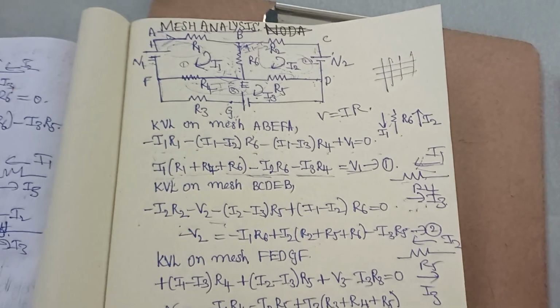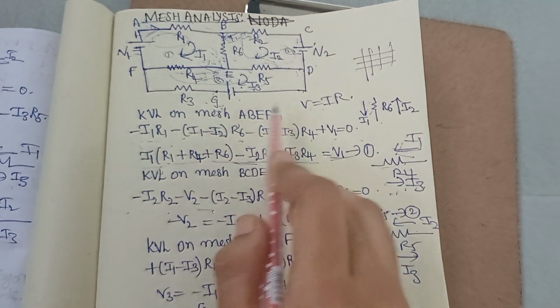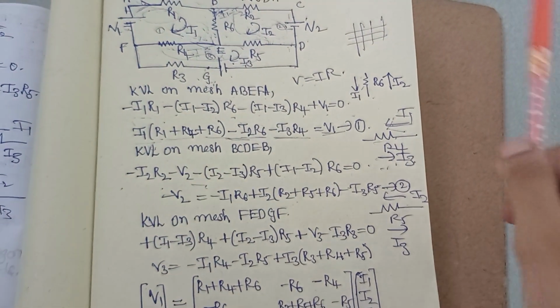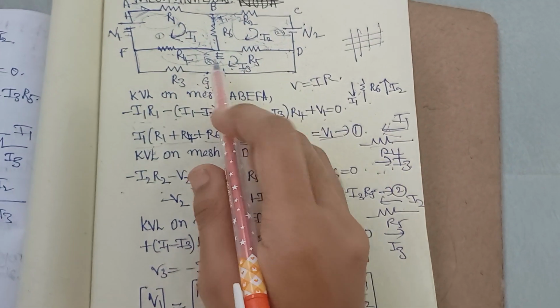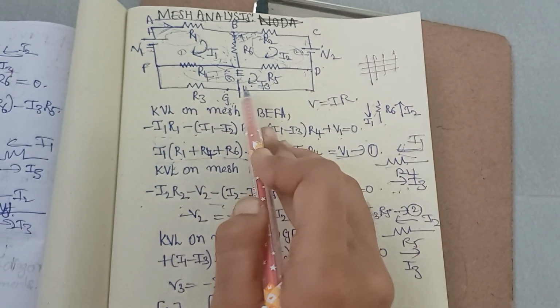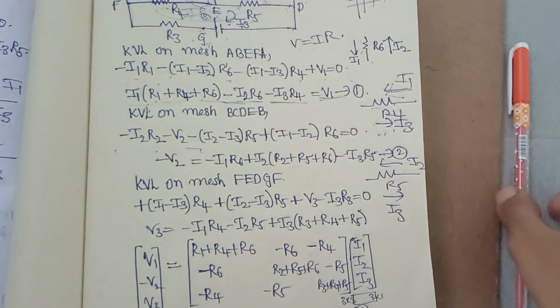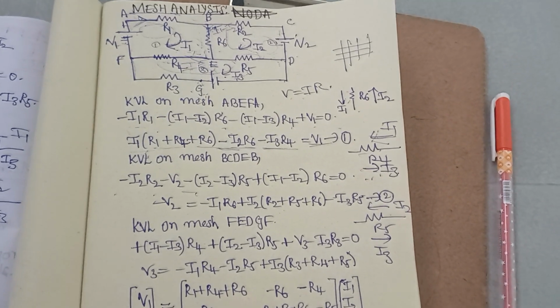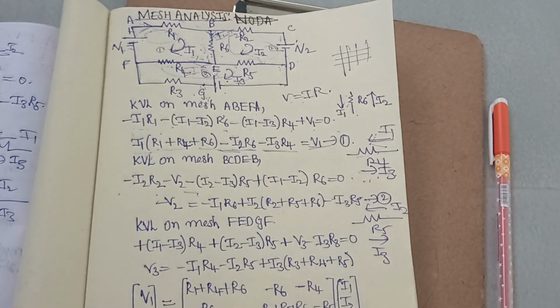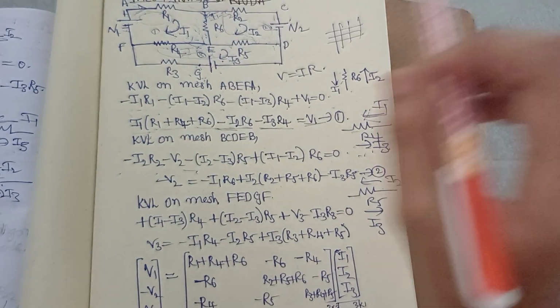And if you take this mesh, that is FDG, oh, here I have missed E, right? FEDGF. If you consider this mesh, again you have to consider the direction of the current.